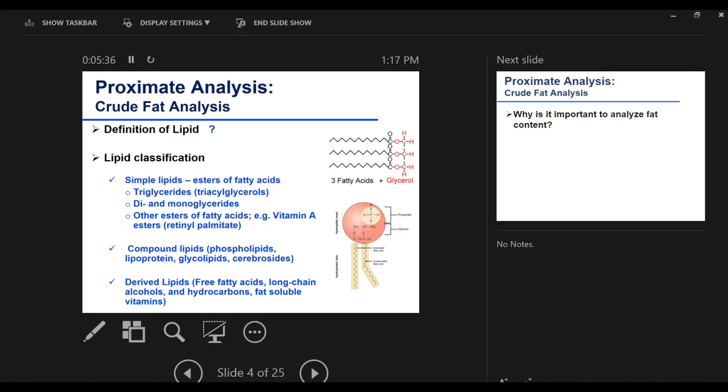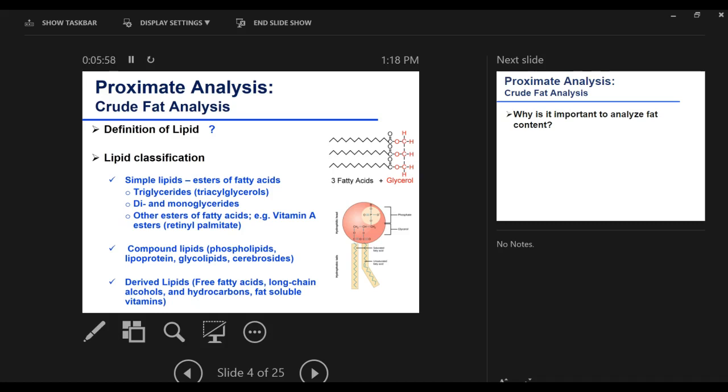Okay, so lipids can be simple lipids, such as esters of fatty acids, so triglycerides. So where you have 3 fatty acids esterified to a glycerol. So once it happens, it's a condensation reaction. So you have 3 fatty acids with a glycerol.